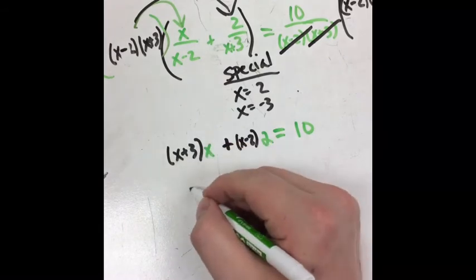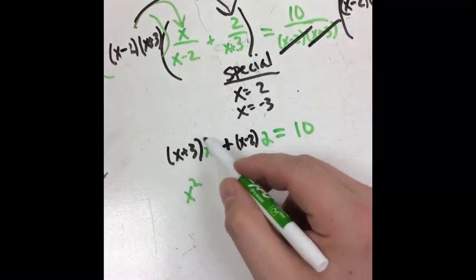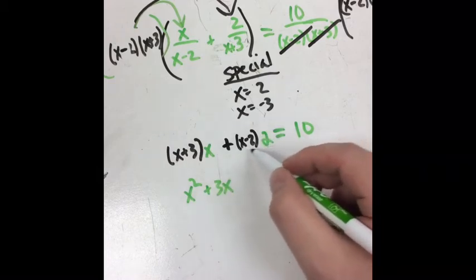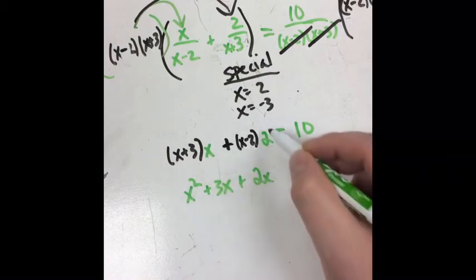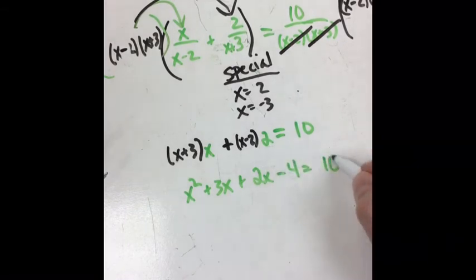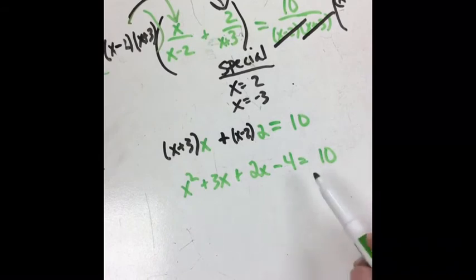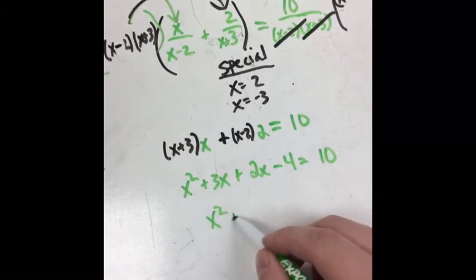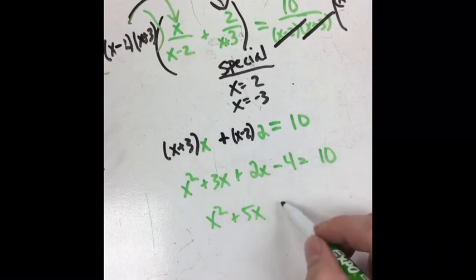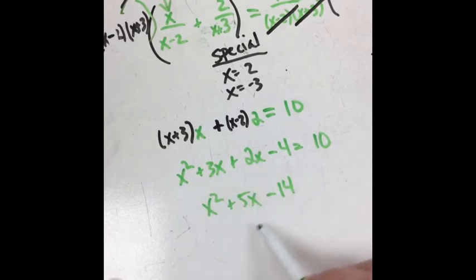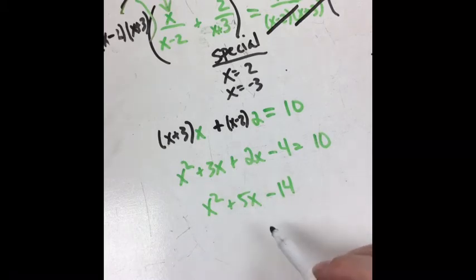So x times x is x squared. 3 times x is 3x. 2 times x is 2x, and 2 times negative 2 is negative 4. And this all equals 10. So now we can start to solve. We have x squared plus 5x, and I'm going to do this quick. This subtracts over to minus 14. From here, we need to factor or solve for what will make zeros.